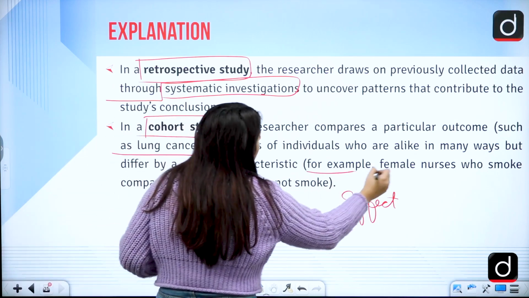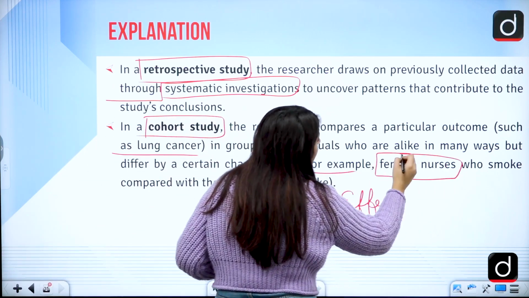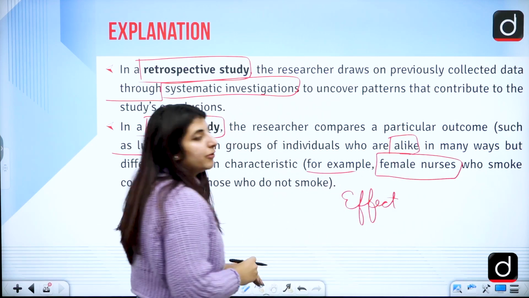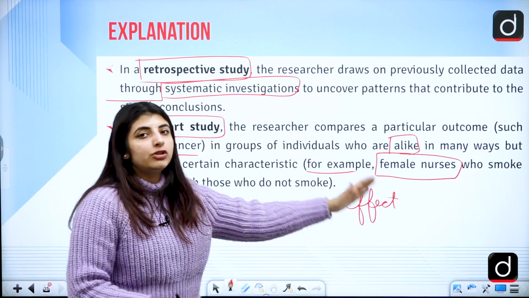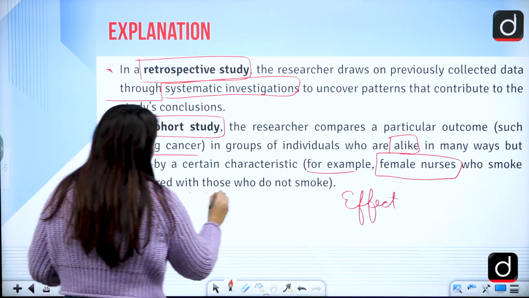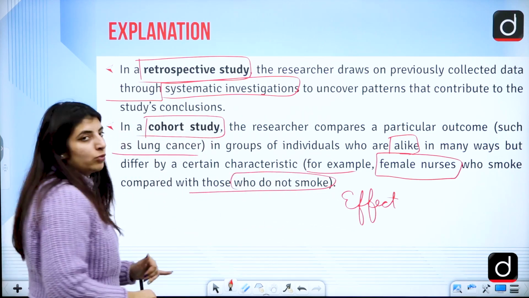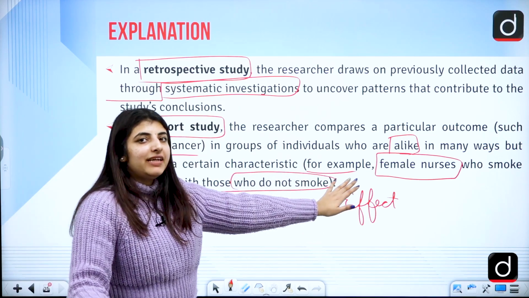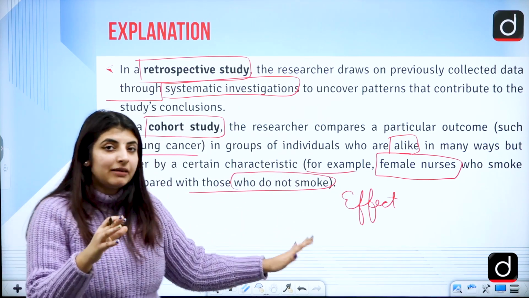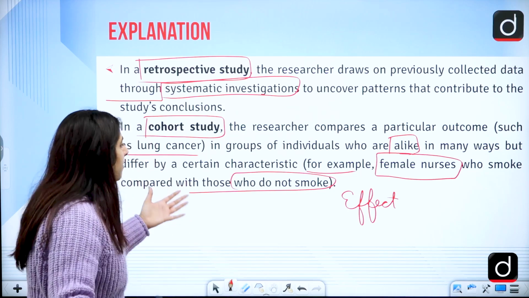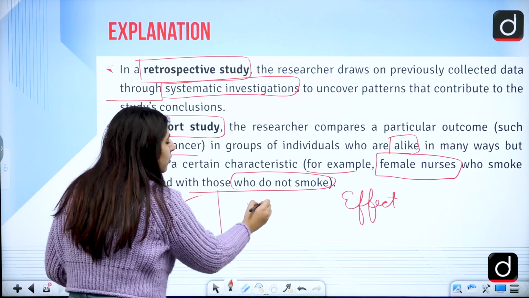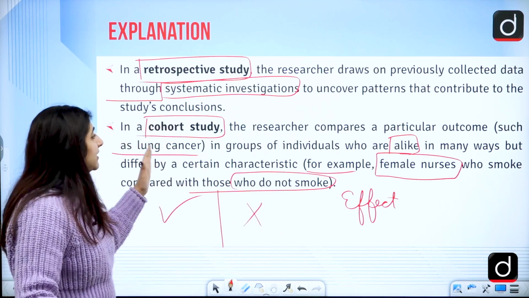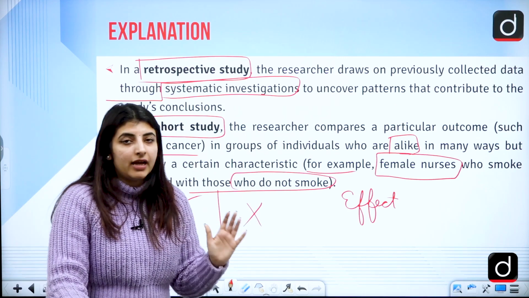For example, female nurses are alike because they are all in nursing, helping people, but some smoke versus female nurses who do not smoke. They are alike in doing the same job, but the differentiation is the ones who smoke and the ones who do not. This is what we do in the cohort study, right?